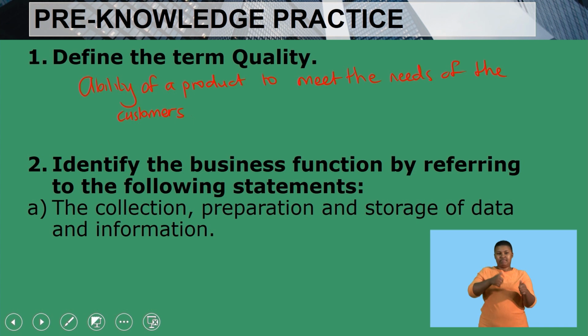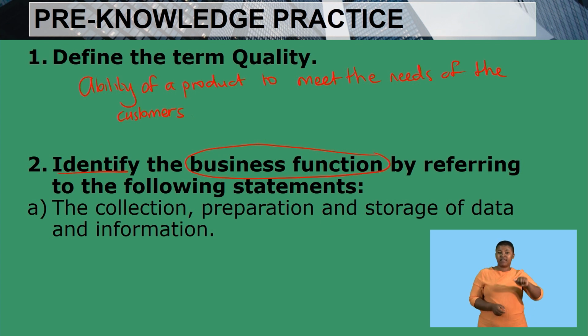Then our second question, identify the business function by referring to each of the following statements. Our first one there at A says, the collection, preparation and storage of data and information. So always when there is reference to data and information, we can assume that it is the administration function.